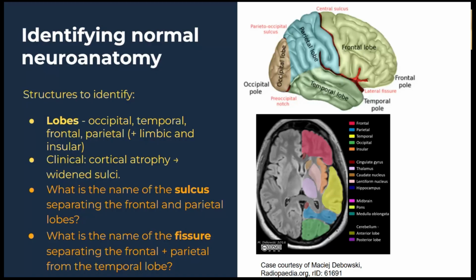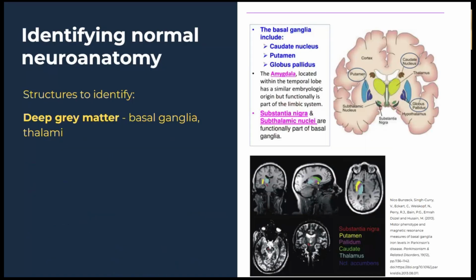I think it's on there. So it's the lateral fissure. The central sulcus is the one that separates the frontal and parietal, and the lateral fissure is the one that separates the temporal from the frontal and parietal.